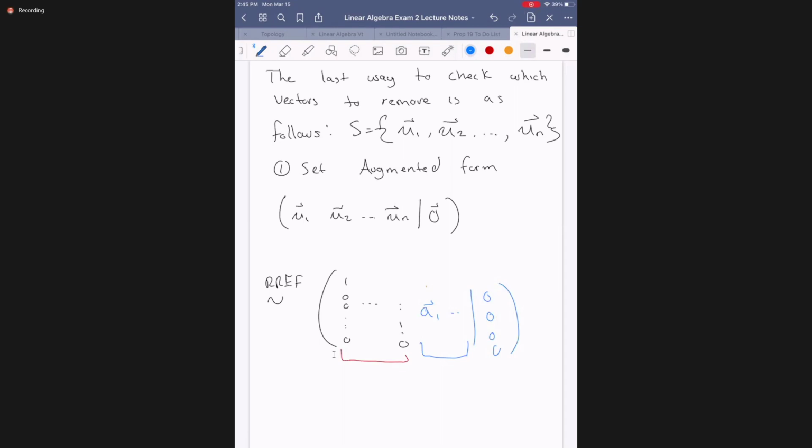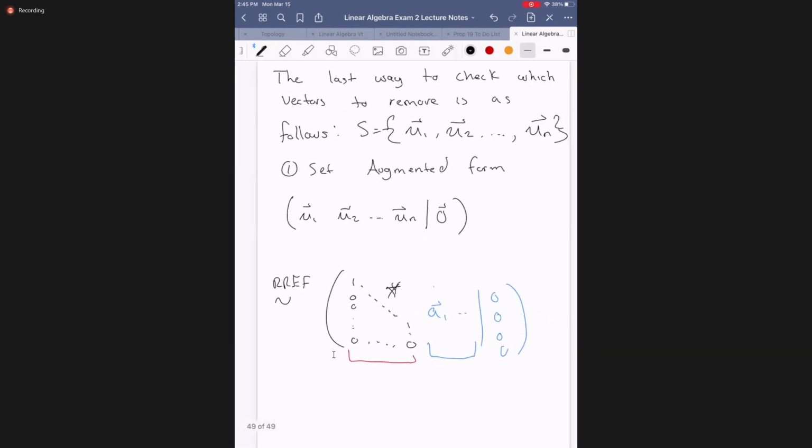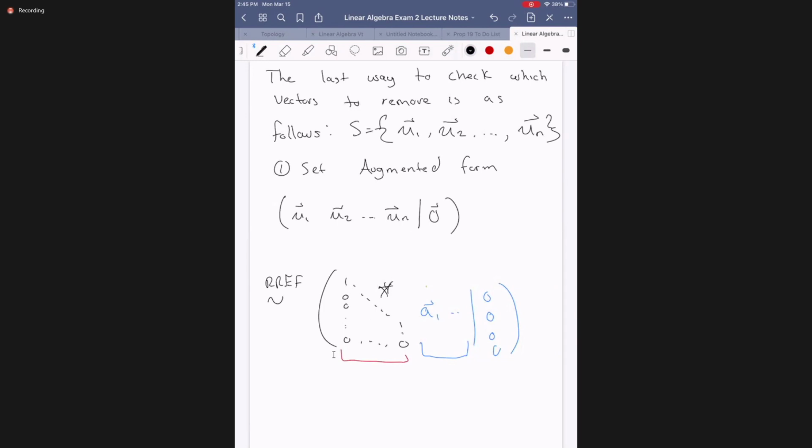Better yet, I can say it this way. Let's say you have maybe ones here, and then all this other stuff is zeros, and then you have non-zero stuff down here, and then all the rest of the stuff is non-zero, right? So stuff like this. These can be zeros as well, and then all this other stuff is gibberish.